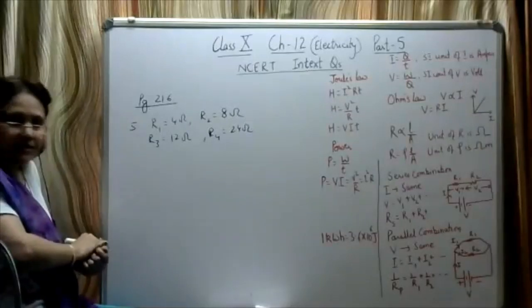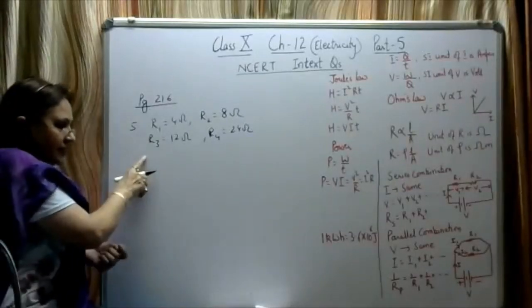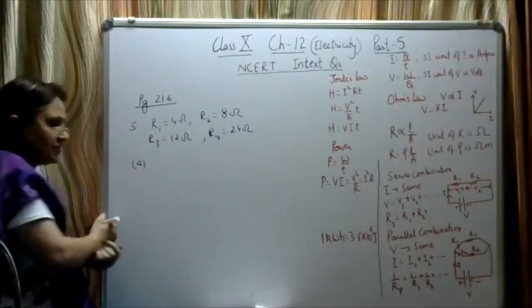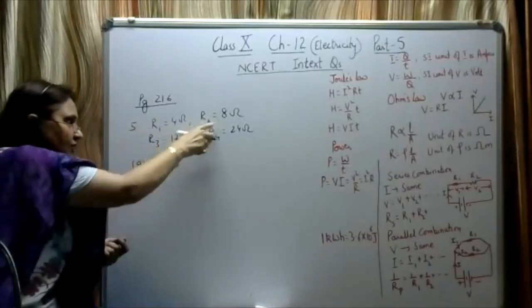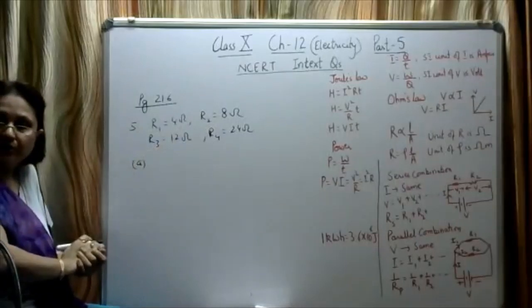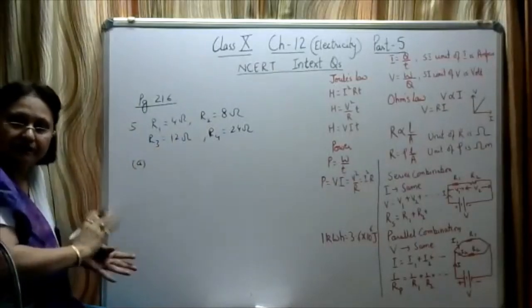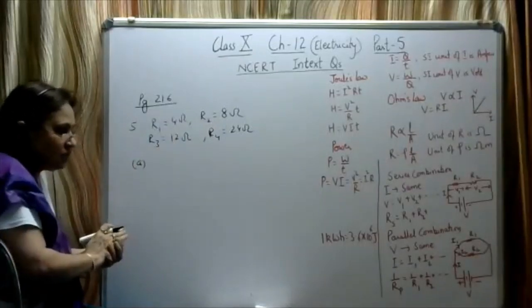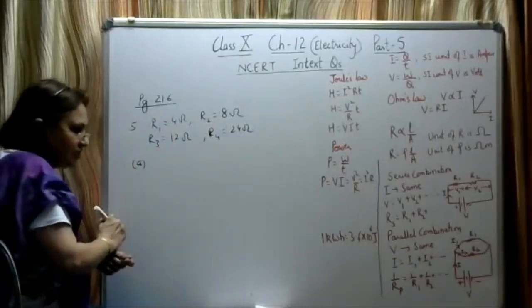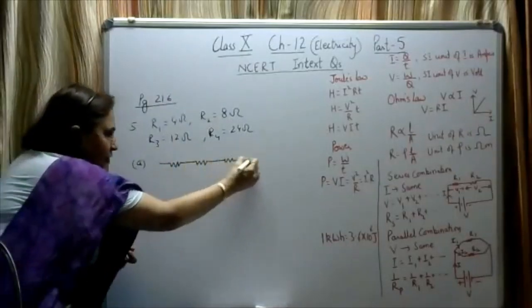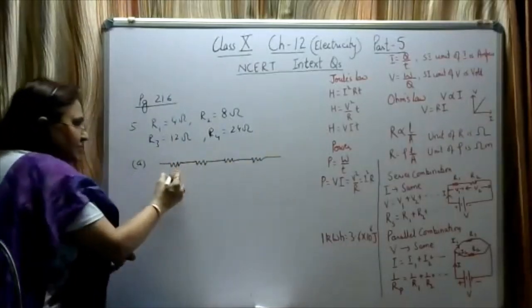Okay, question number 5 is, what is the highest, and B part is the lowest resistance. First part is highest resistance. So out of these four resistances, how can you get the highest resistance? So we know that when we connect them in series, we get the greatest or the highest resistance. So R1, R2, R3 and R4, all four are connected in series.